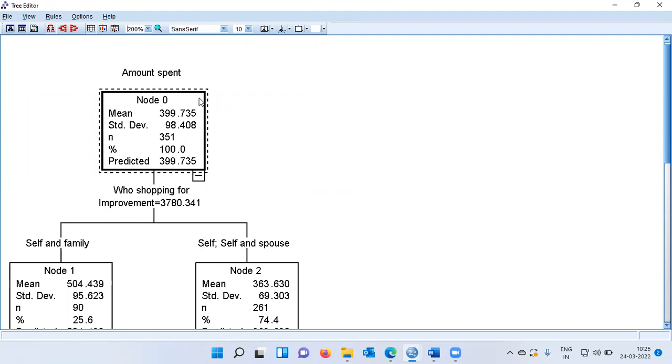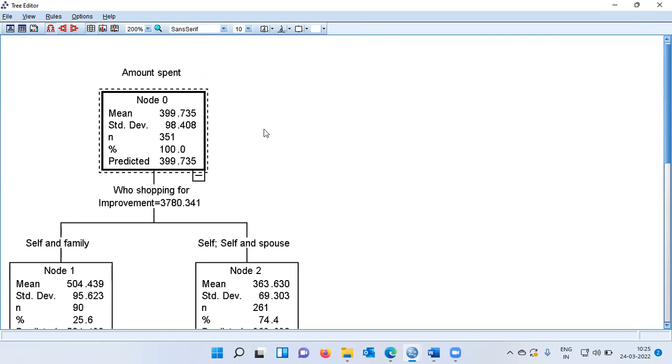The first node is what is called the parent node. Here we are summarizing the information of amount of money spent. You can see here the mean value is 399 point something, which can be rounded off to $400. This is what we saw even during the descriptive statistics. An average customer spends around $400.